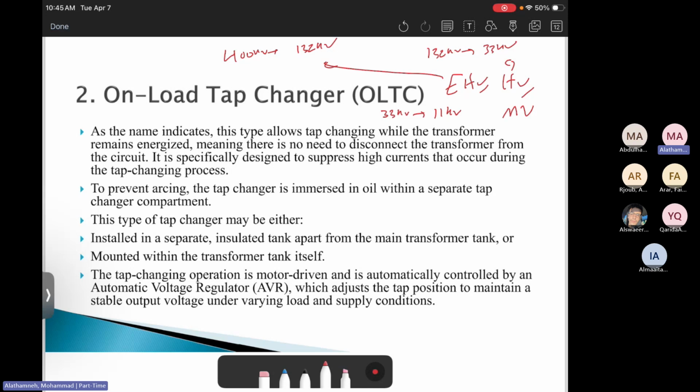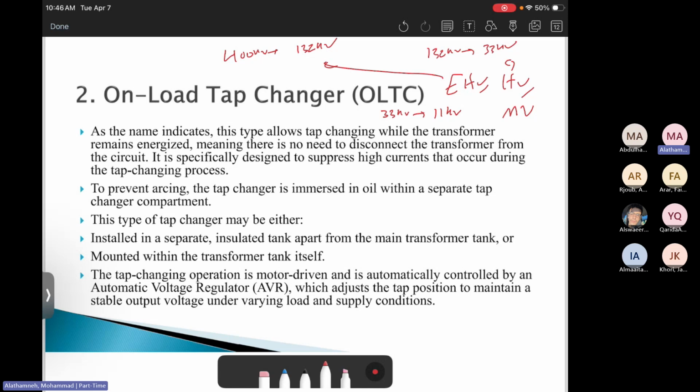If the voltage reduces more, which means there is a heavier load, then the tap changer increases the voltage as well, and so on. That's the on load. If there is a light load, then the voltage is high, like 35 kilovolts, then it automatically decreases the voltage, fixing the turns ratio to decrease the voltage.